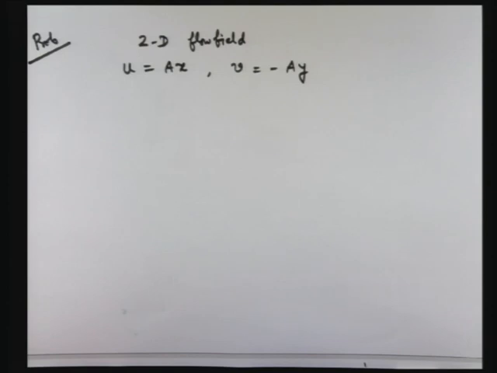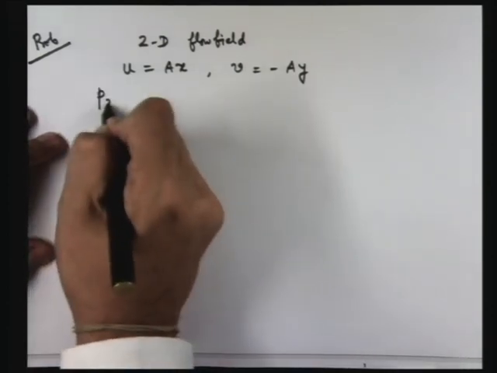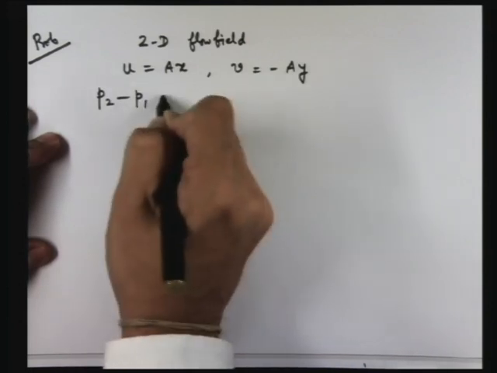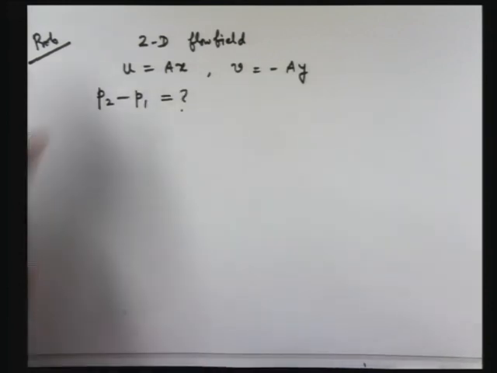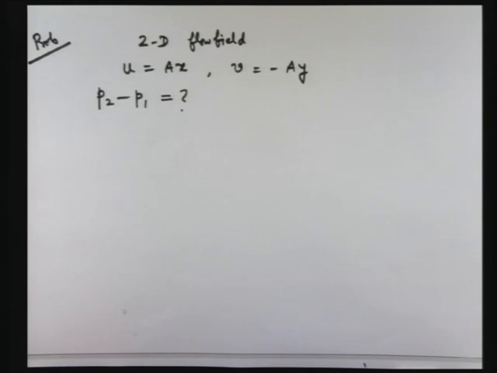What is the difference in pressure between 2 points 1 and 2 in this flow field, assuming density as constant? You can assume that rho is equal to constant.